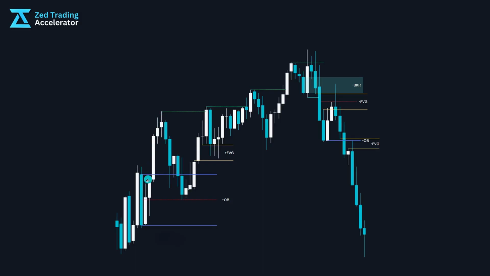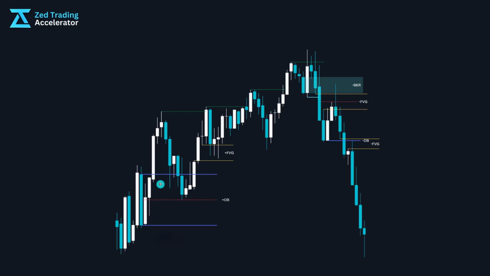This down close right here is our order block. We want to see price respect this order block. We want to see price find support in this down close candle right here in this order block.